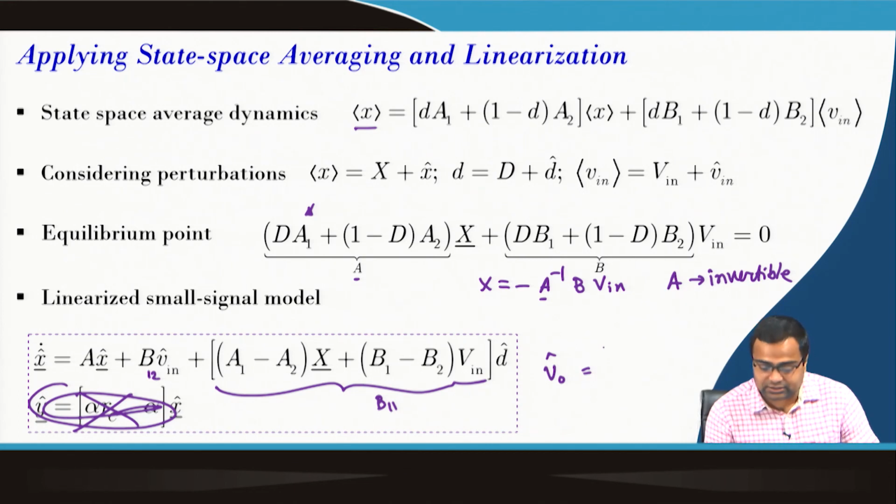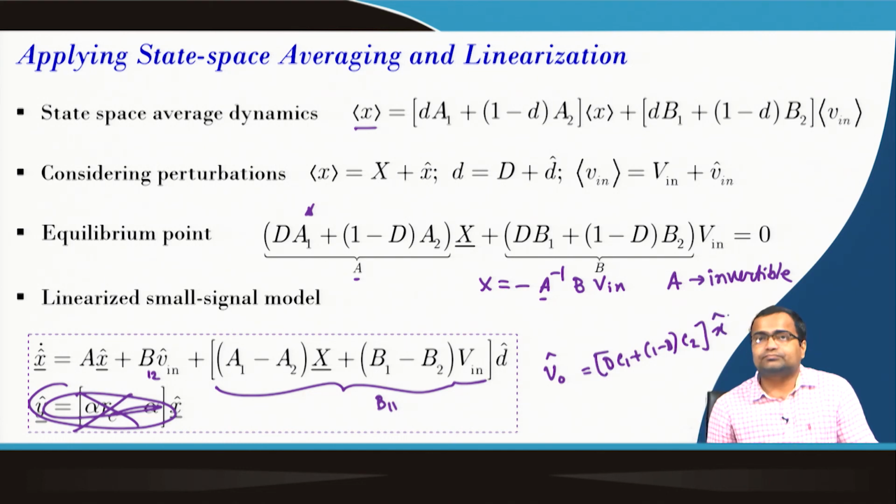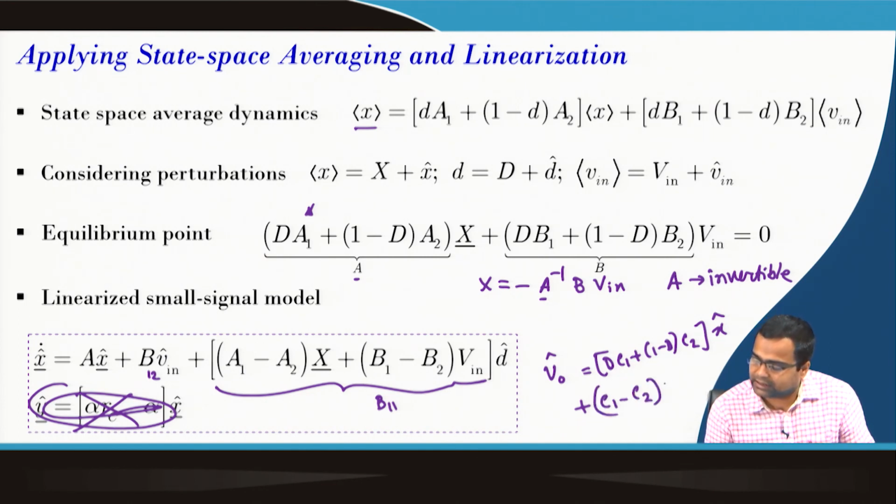One is, because for a boost converter you have a duty ratio dependency, C matrices are different. So, we will get D into C1 plus 1 minus D into C2, this whole thing into x hat, plus C1 minus C2, that into capital X, this whole quantity into D hat.